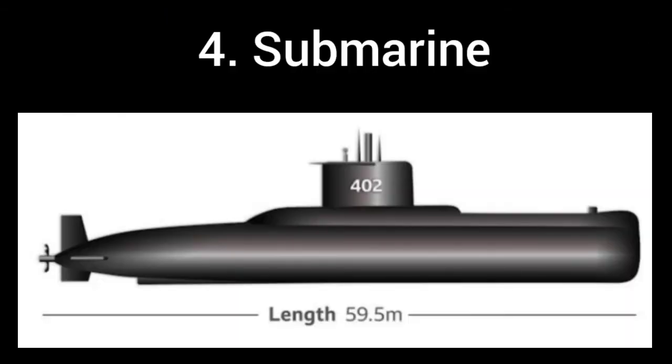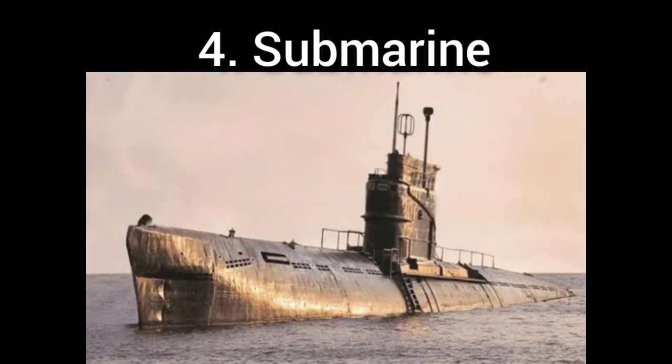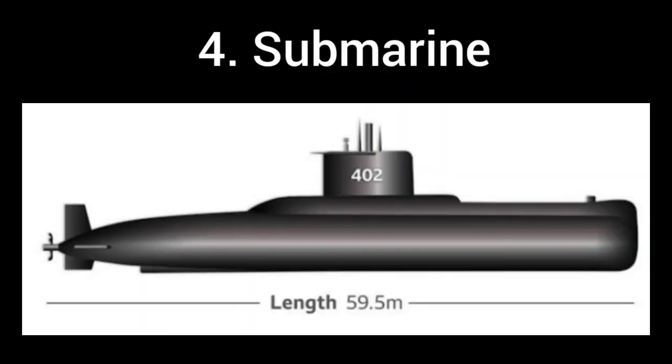Number 4. Submarine. A submarine can be made to dive or to rise to the surface of water as and when desired. The reason is that a submarine is a watertight boat which can travel underwater like a ship.